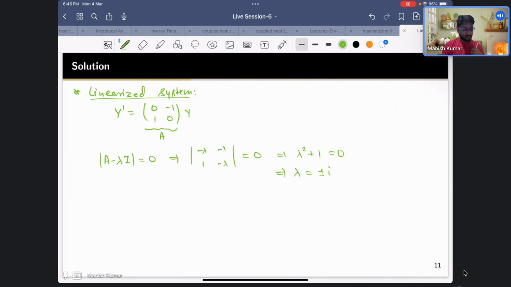So what can you say about this? Here you see the real part is 0, so we cannot conclude.